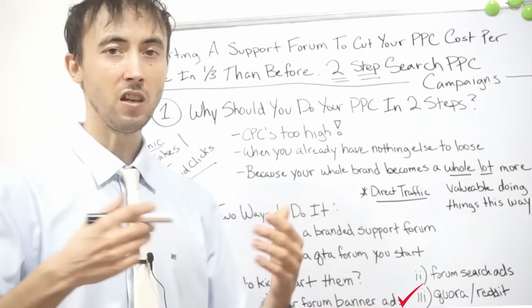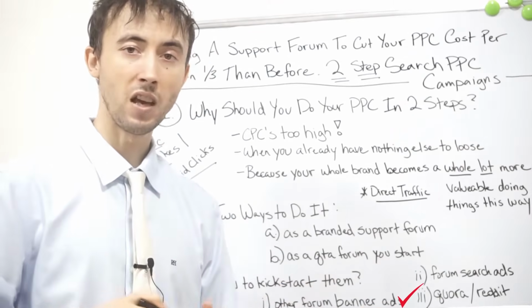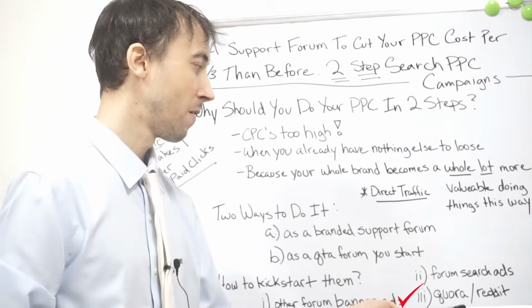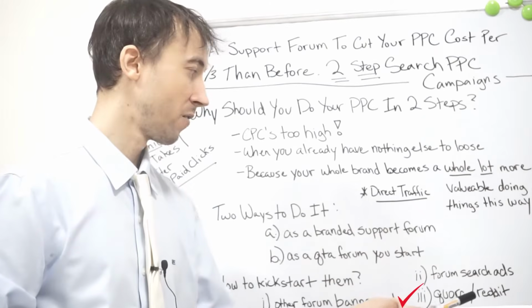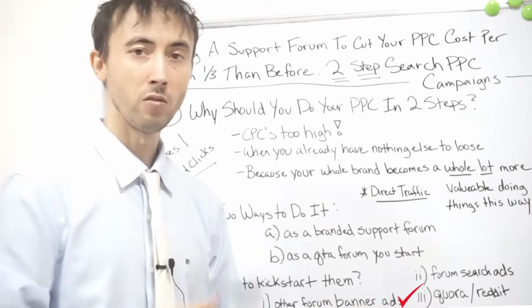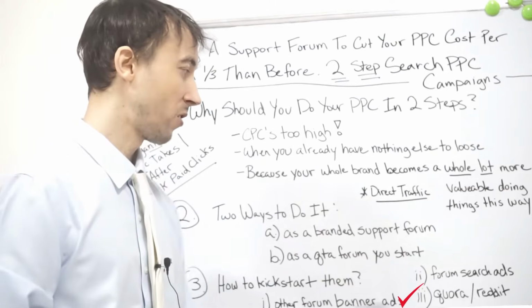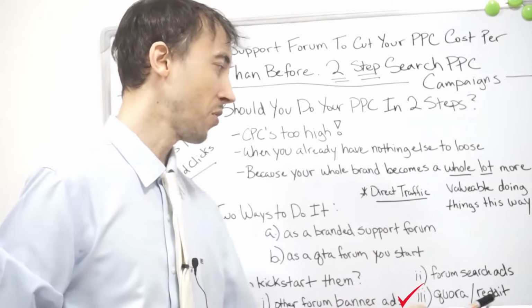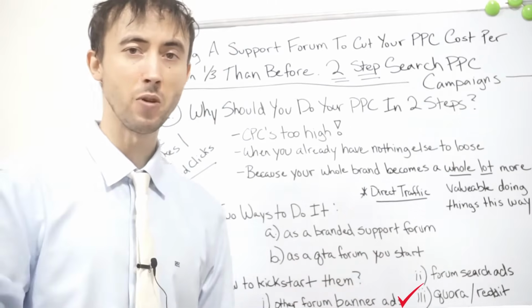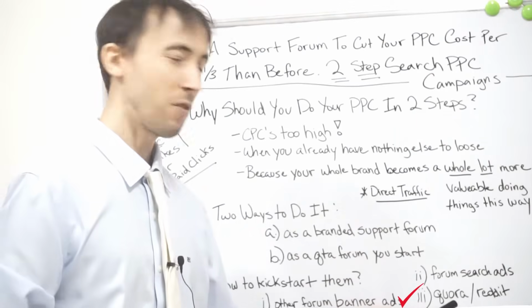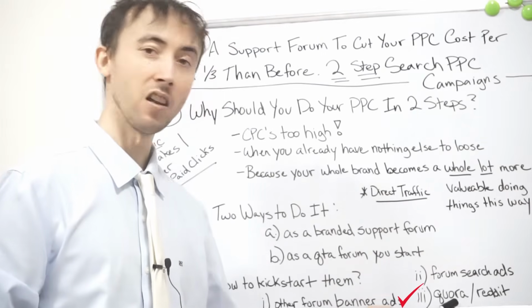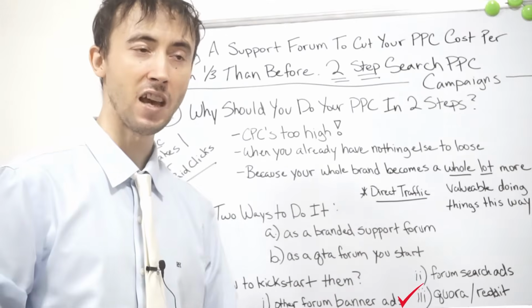But apart from that, if you don't have any forums or Q&A sites on the web, there's probably questions on Quora, Quora.com, or Reddit. And the nice thing is that both of these sites have their own PPC programs. So you can actually advertise for as little as a penny a click on any Quora question on the site.